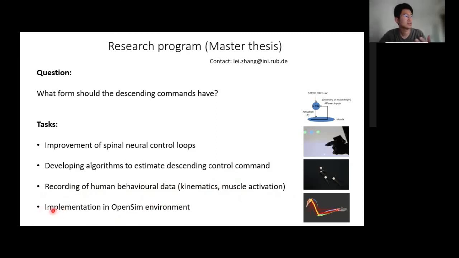And the other option is a software called OpenSim. This is a very advanced simulation environment that takes a lot of biomechanical details of the musculoskeletal structure into account. They have very precise parameters of bones and muscles, so they can even completely simulate all the muscles in this environment.